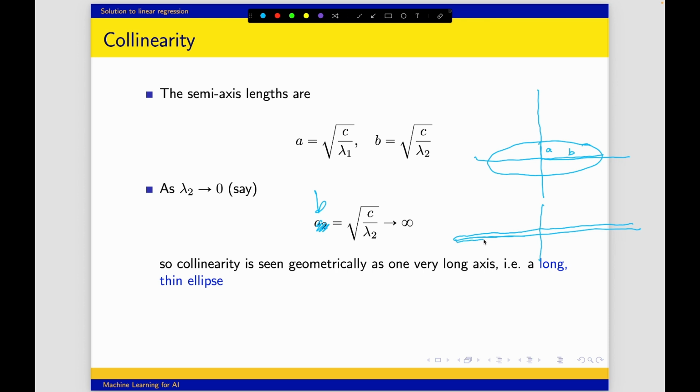It's going to tend towards basically almost a straight line. Or it could be going this way. But either way, it's tending to some kind of long, thin ellipse, either oriented vertically or horizontally. So that's what collinearity would look like. If we look at it geometrically, this is how it appears.